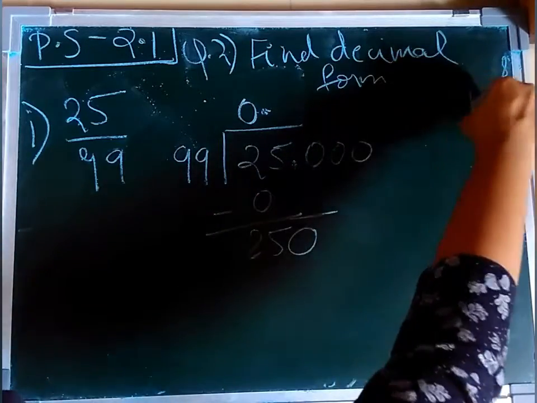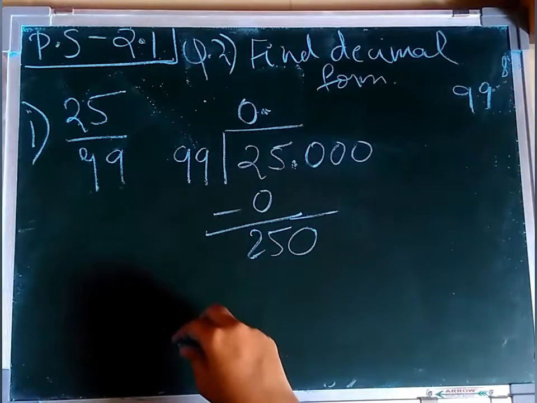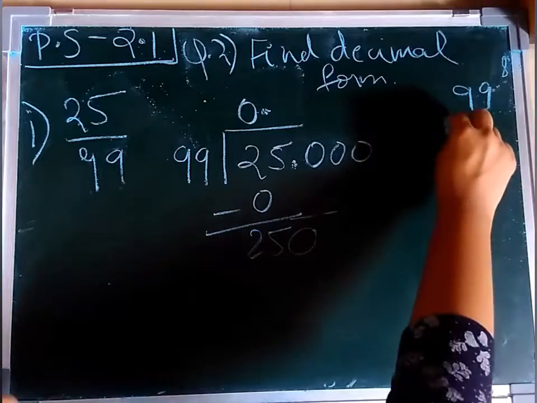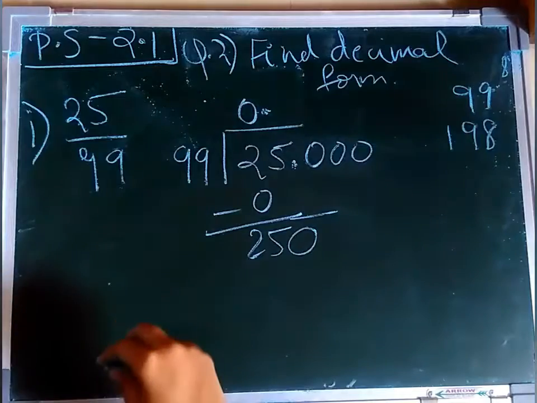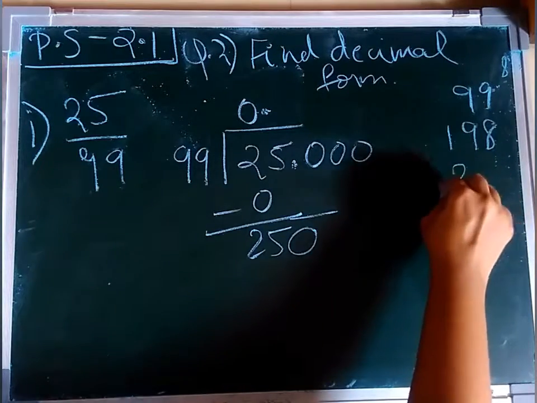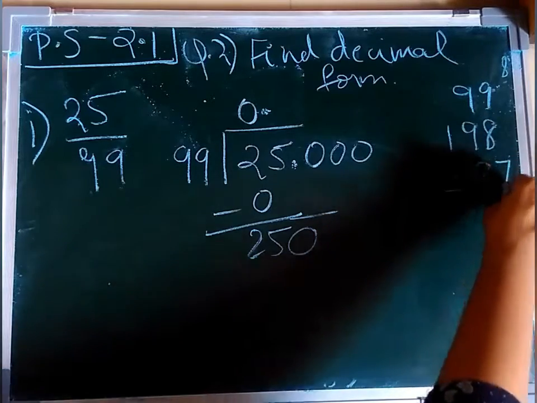99 into 1 is 99. 99 into 2 is 198. And 99 into 3 is 297.